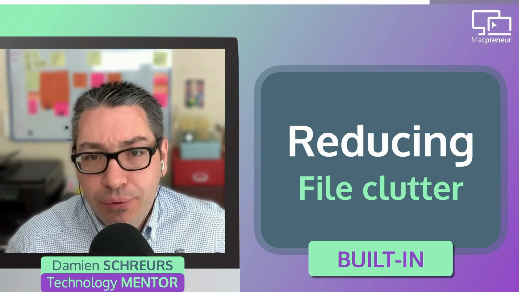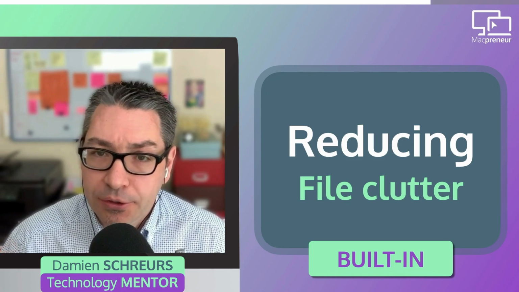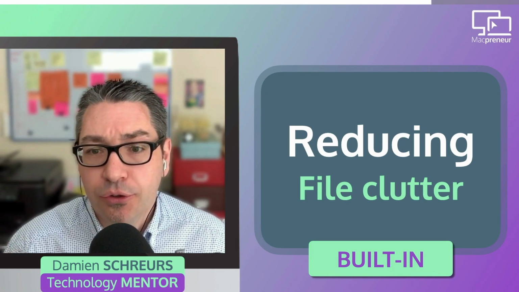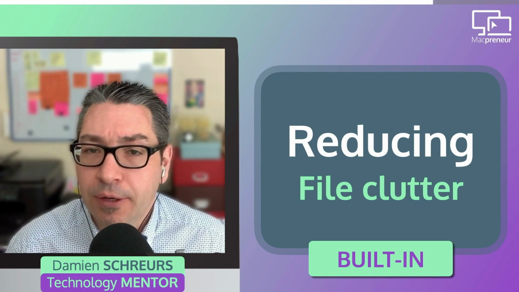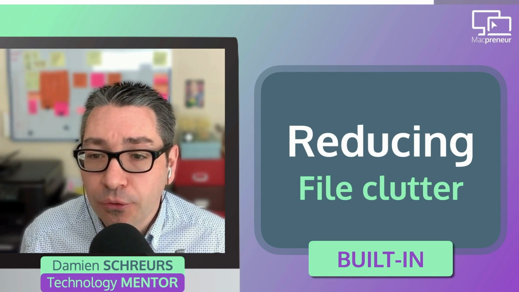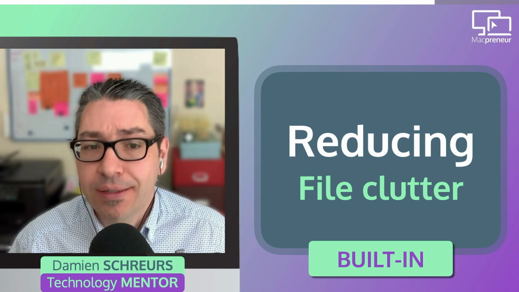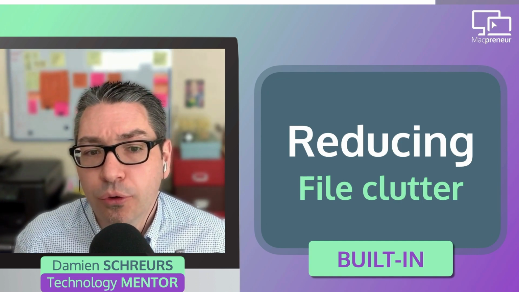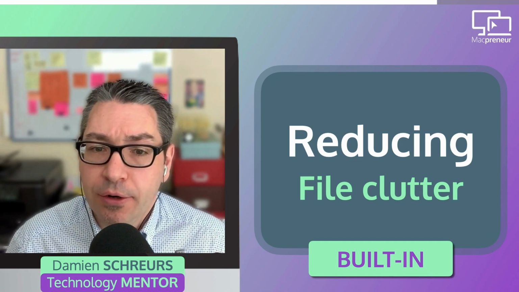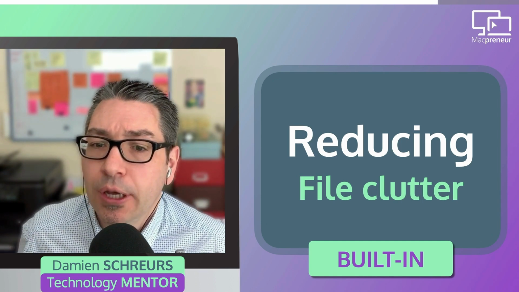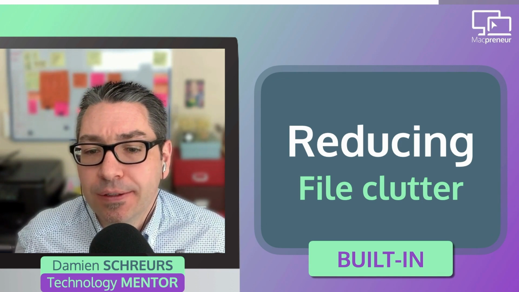Again, if you still prefer a default folder, I suggest creating something in your cloud storage of choice, so Dropbox, Google Drive, iCloud Drive, so that all your downloaded files are then available from all your devices. Now, there are many more ways to reduce file clutter, and I will cover those in episode 61.